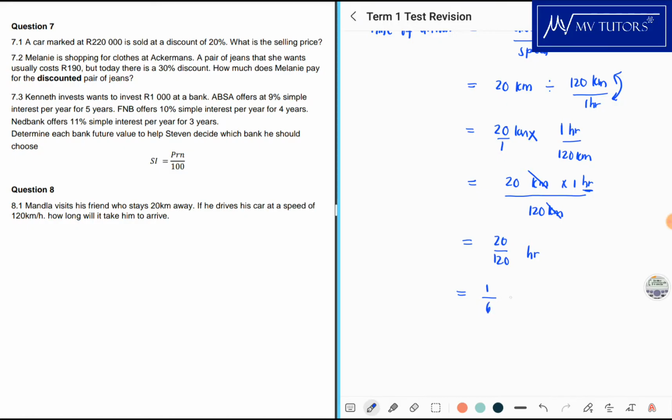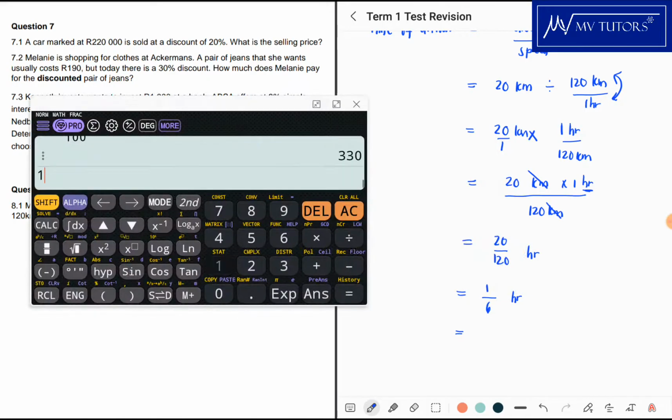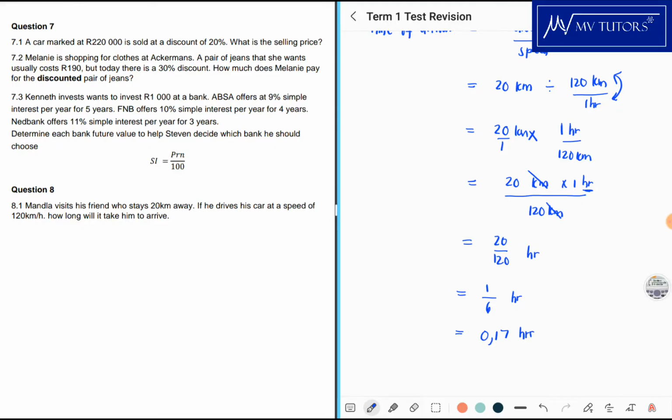So it's actually 1 over 6 hours. As a decimal, rounded to 2 decimal places, that is 0,17 hours. That is the time it takes for him to arrive, the time of arrival.